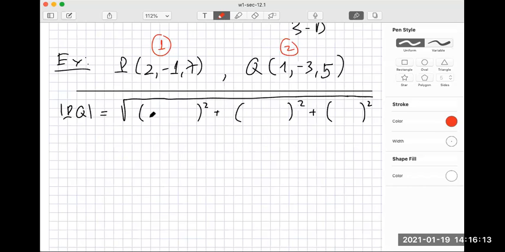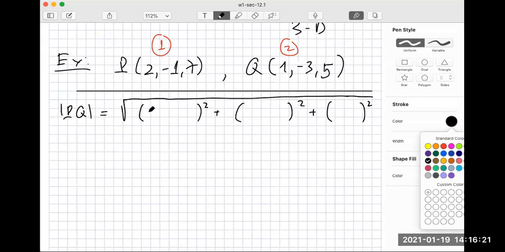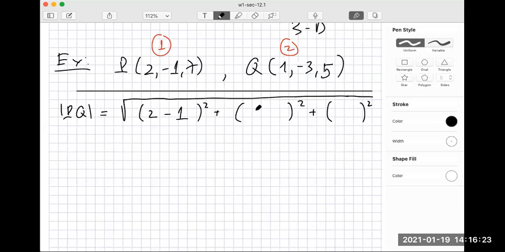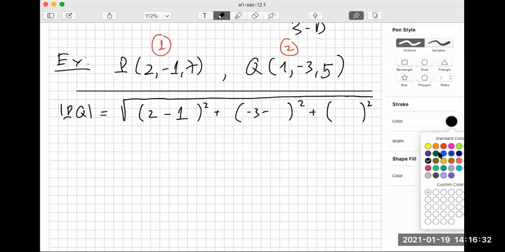So the values we substitute in the formula here, what are they? What should we do? Yes, continue. 2 minus 1, and yes, negative of -1, right?